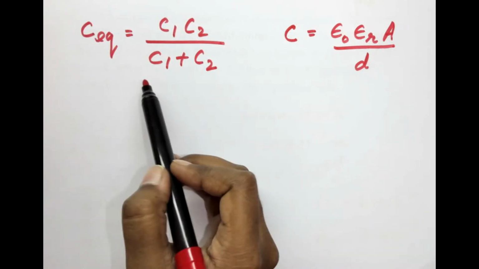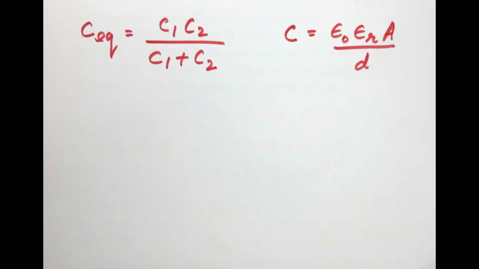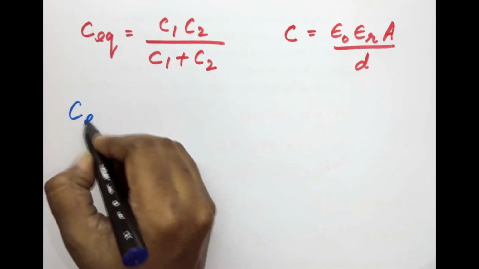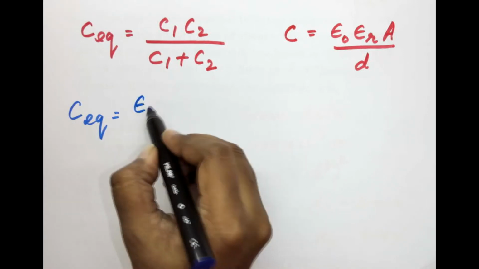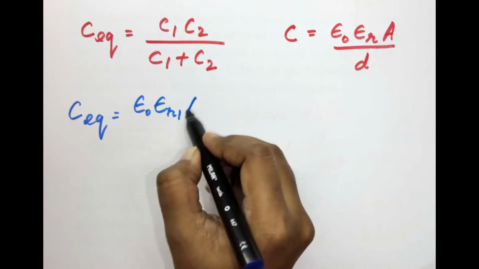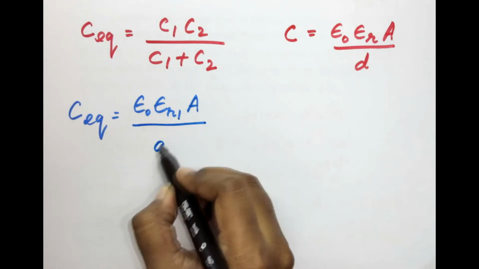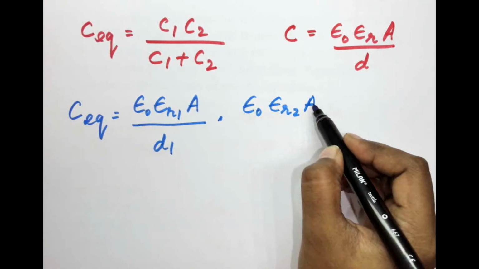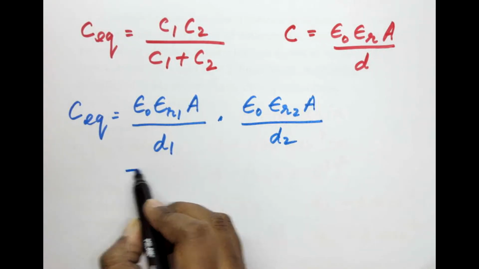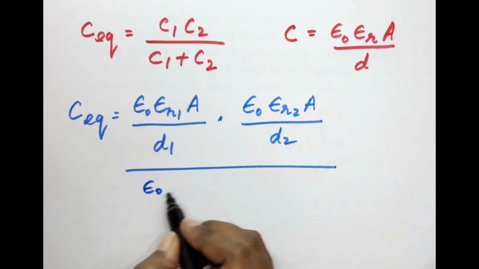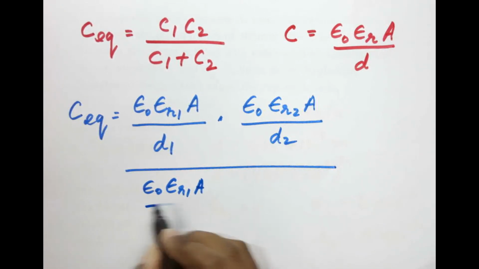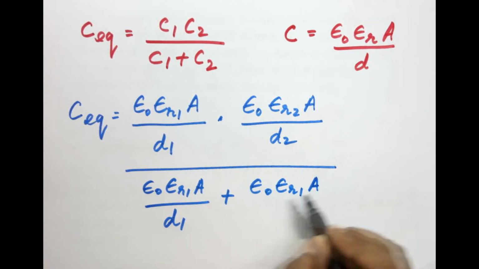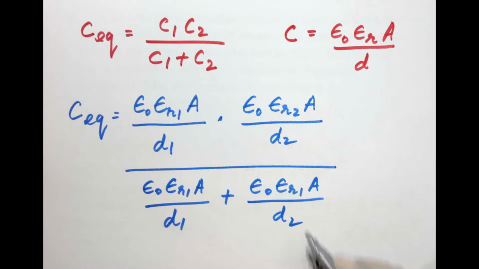Now if we substitute this into the equivalent expression, let's write that down, that C equivalent is equal to epsilon naught epsilon r1 A divided by d1 times epsilon naught epsilon r2 into A divided by d2 all over epsilon naught epsilon r1 A by d1 plus epsilon naught epsilon r2 A by d2.